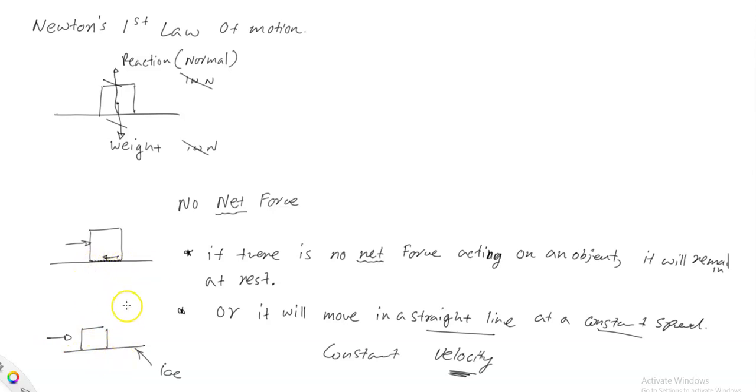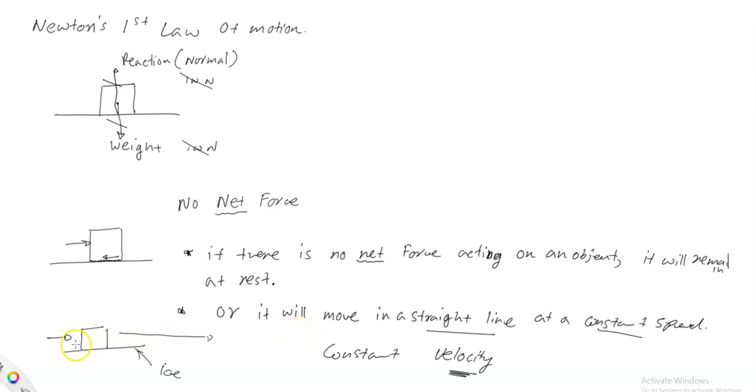Compared to a regular floor, this box is gonna go a longer distance, right? Because there is not much friction to slow it down, but there is always some friction, so eventually it will come to a stop.